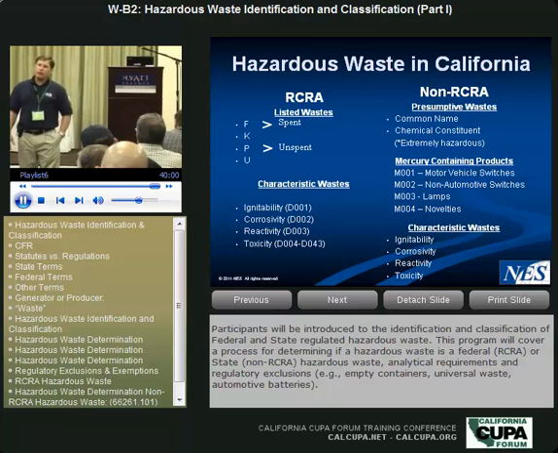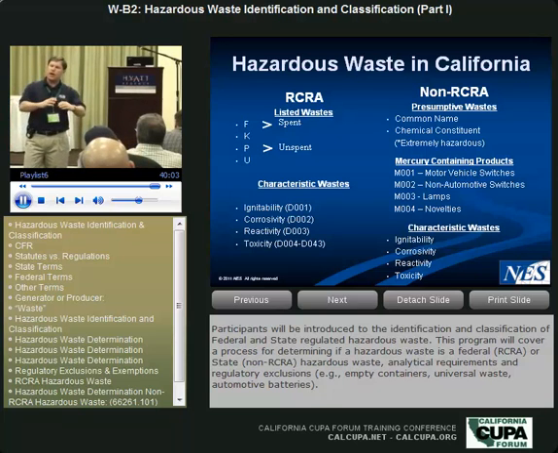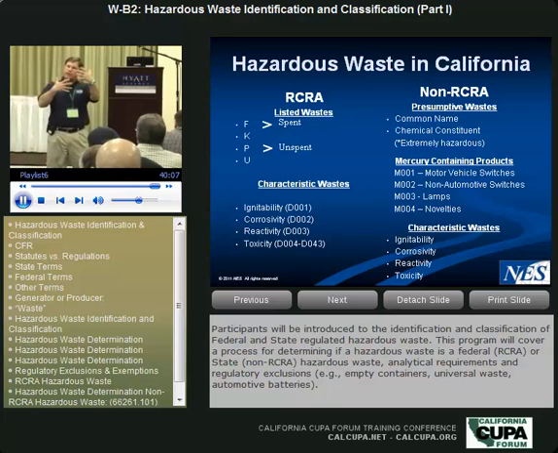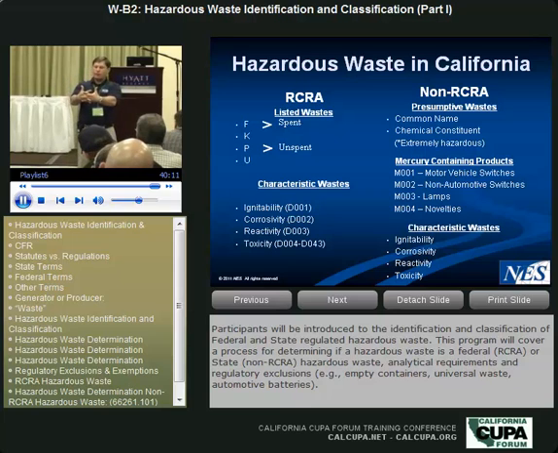If it's a non-RCRA criteria, California, it says non-RCRA criteria only. So I kind of break it apart so you can see if it's state or federal. But in either instance, if it's captured, state or federal or both, that's a hazardous waste. It becomes and is produced and is managed as a hazardous waste in the state of California.